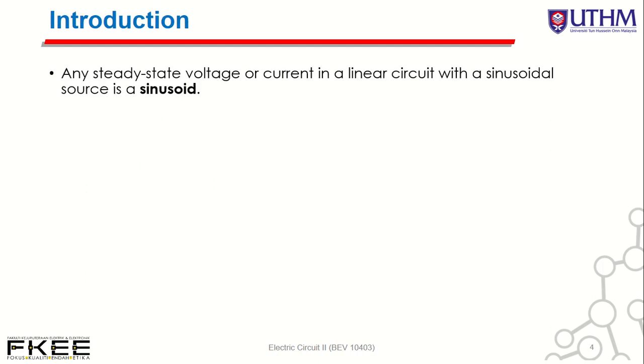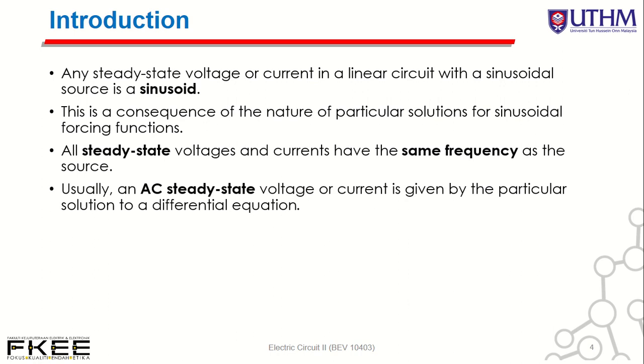Okay, this is introduction. Okay, at any steady state voltage or current in a linear circuit with a sinusoidal source. Okay, let's say we have a sinusoidal source, sine wave or cosine or sine function, basically is a sinusoid.